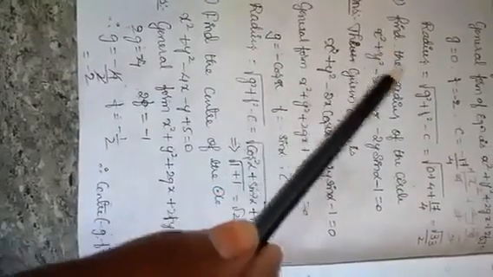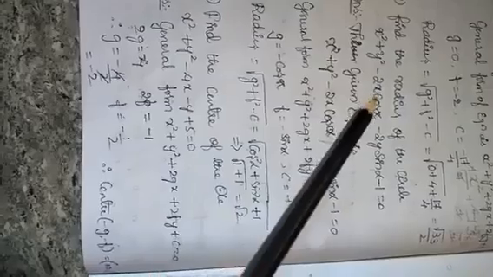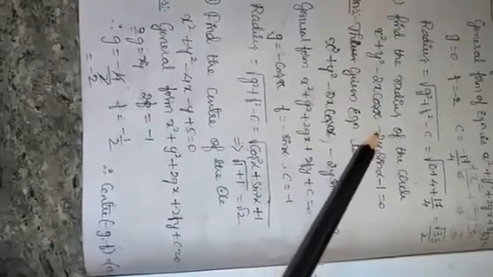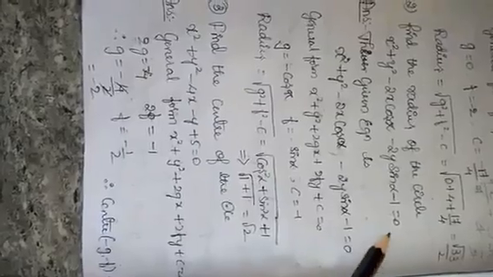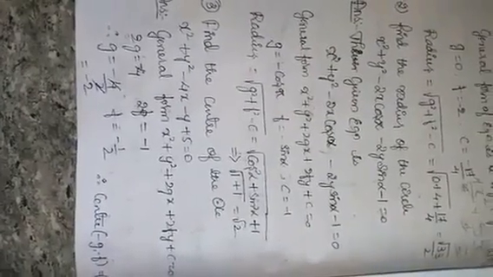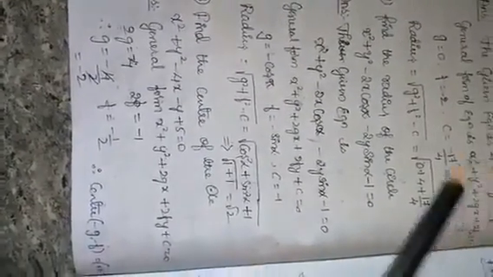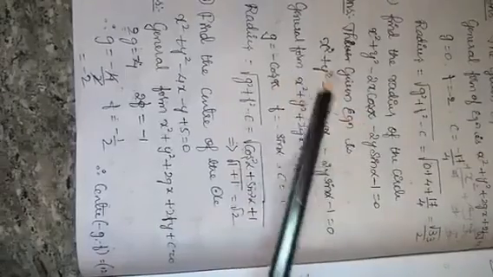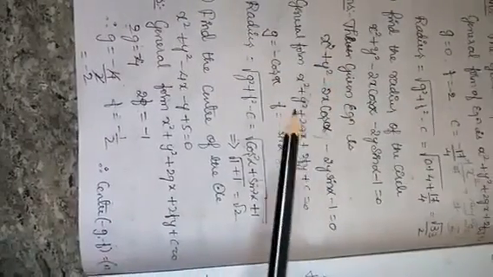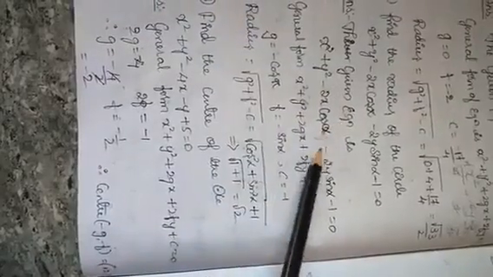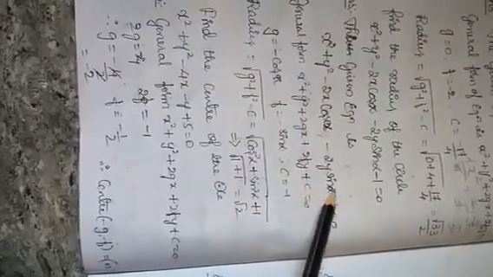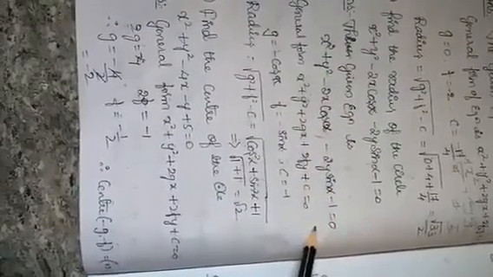Next example: find the radius of a circle whose equation is x square plus y square minus 2x cos alpha minus 2y sin alpha minus 1 equals 0. The same method which I explained in the first example. This is in the form of x square plus y square plus 2gx plus 2fy plus c equals 0. Here this is the 2gx term, this is the 2fy term, plus the constant.